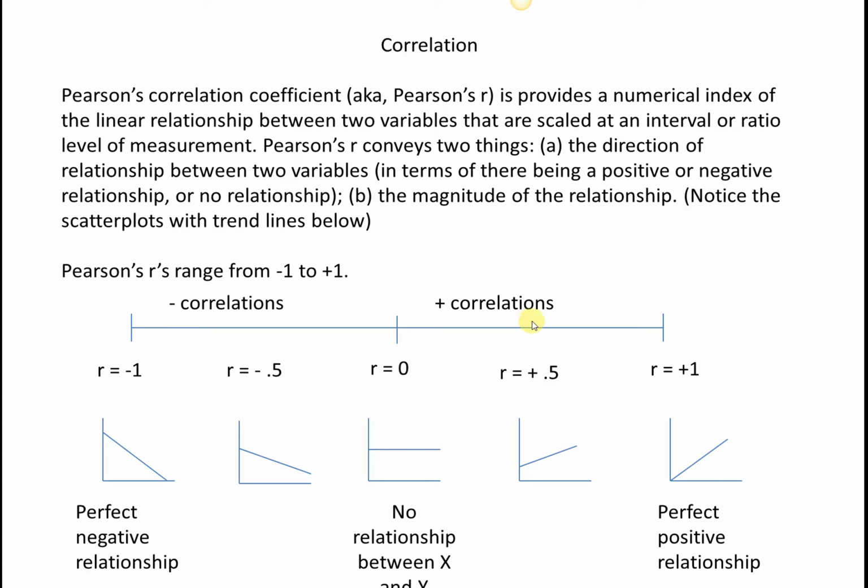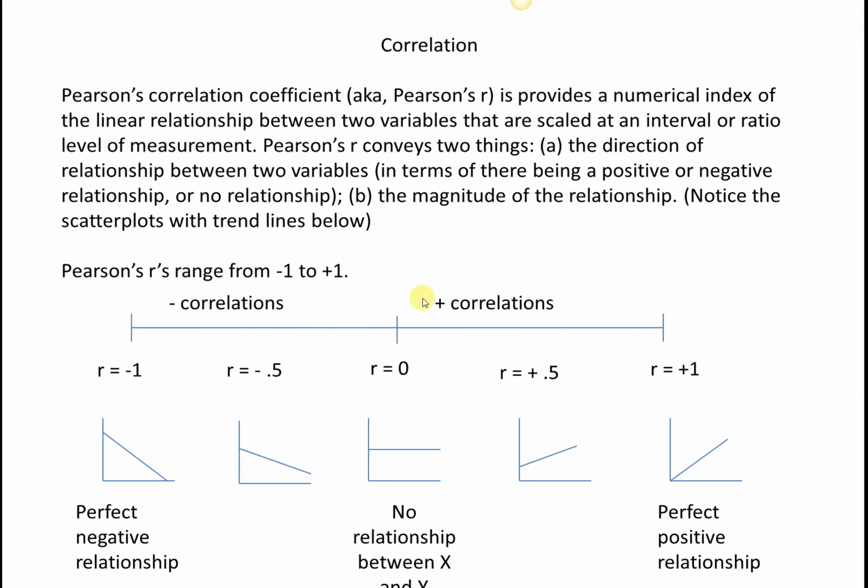So as you can see, the scale that we're using, basically we have positive correlations and negative correlations. The positive correlations indicate a positive relationship between two variables. Negative correlations indicate a negative relationship. And as we move from 0 to +1 or -1, that is indicating the magnitude or the strength of the relationship.